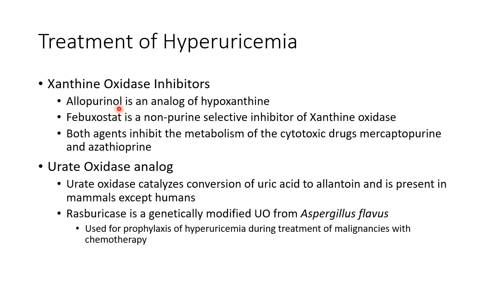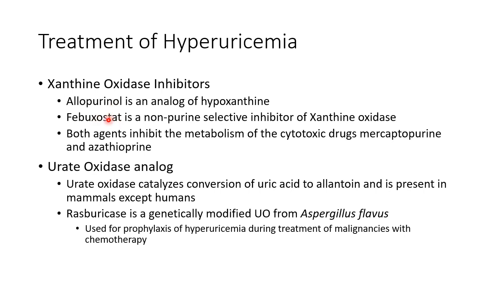And so instead of catering hypoxanthine, your xanthine oxidase will take up allopurinol and therefore become inhibited. Febuxostat, on the other hand, also inhibits xanthine oxidase but does not look like hypoxanthine. Febuxostat is also more potent than allopurinol.